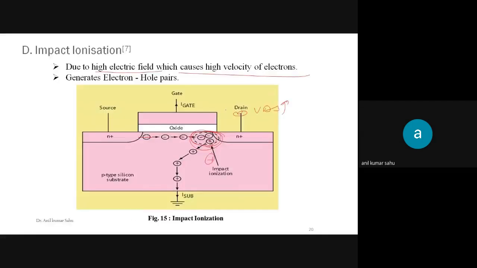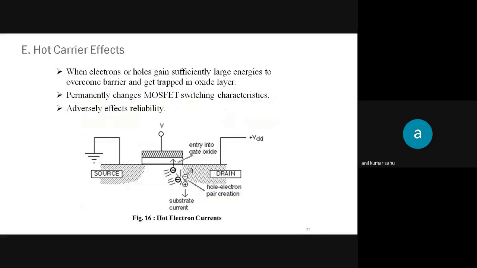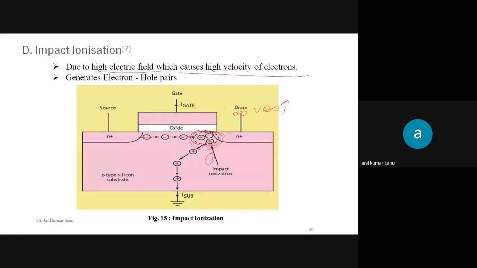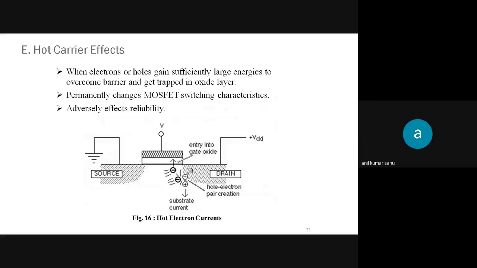That effect is called impact ionization. Generating electron hole pairs because of a high electric field is called impact ionization.